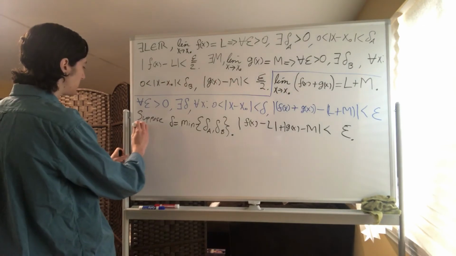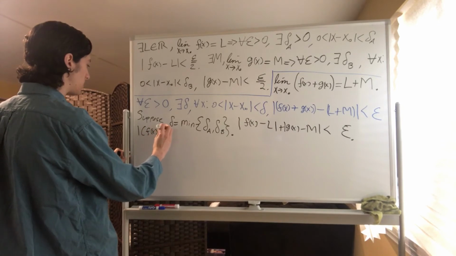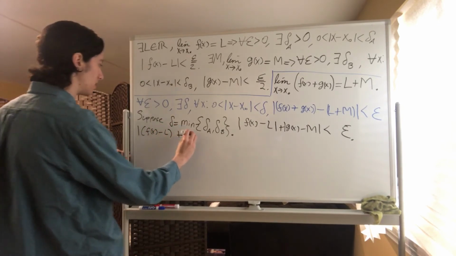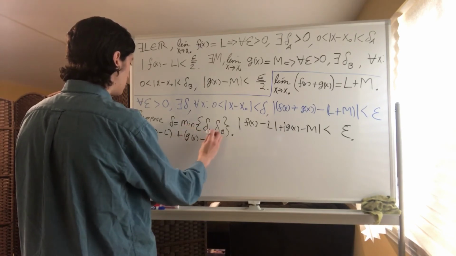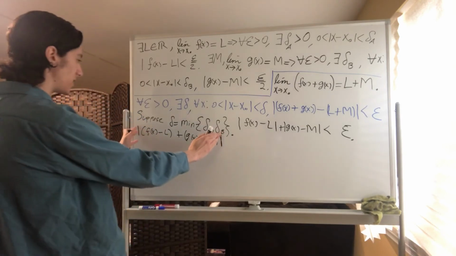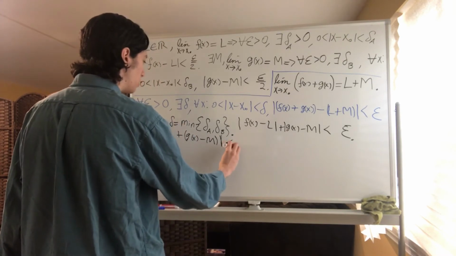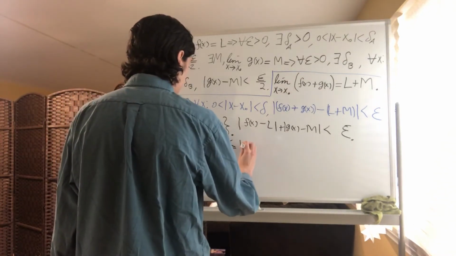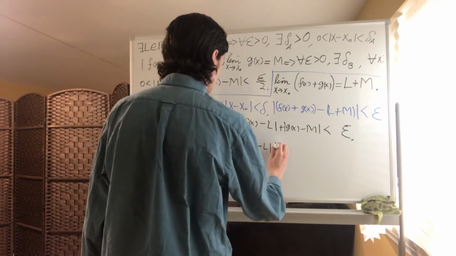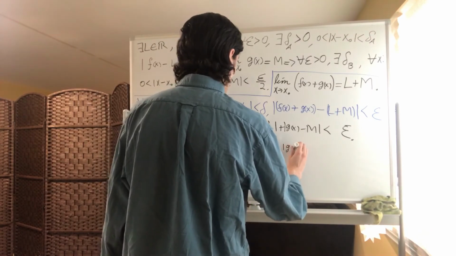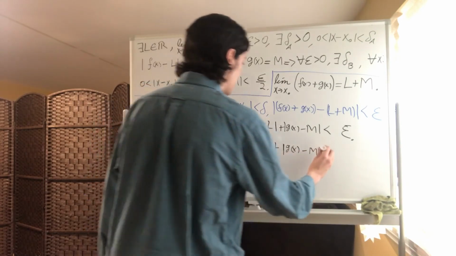We can say that the absolute value of f of x minus L plus g of x minus M, and you can notice that I only have one absolute value set here, is less than or equal to the absolute value of f of x minus L plus the absolute value of g of x minus M. And as we have previously established, this is all less than epsilon.